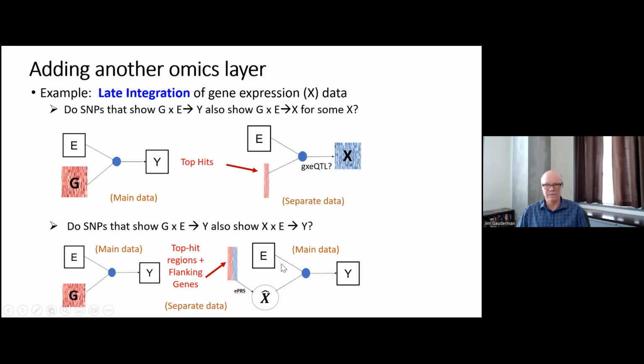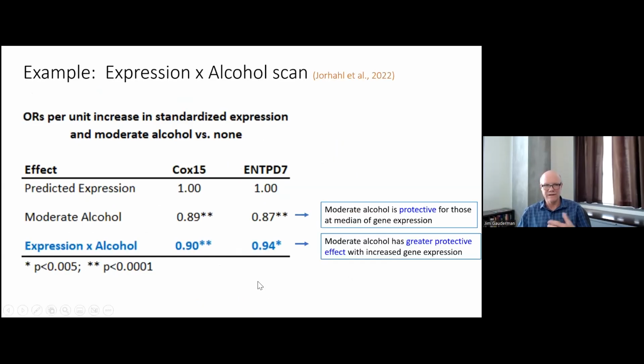For example, I mentioned the SNPs we found for the alcohol example in that COX-15 region. We did just that second approach. We pulled out some SNPs in that region, built some EQTL models using that separate study of 445 normal tissue samples, and then asked the question: do we see evidence for predicted expression at these loci that were indicated by the SNP scan also interacting with alcohol?